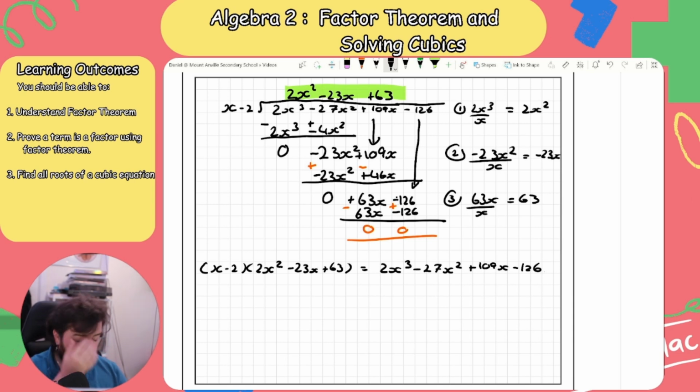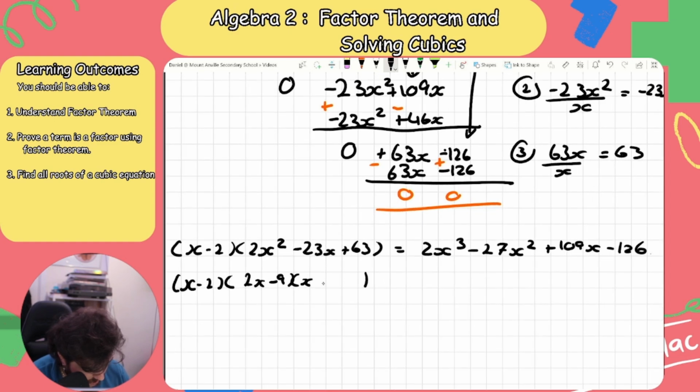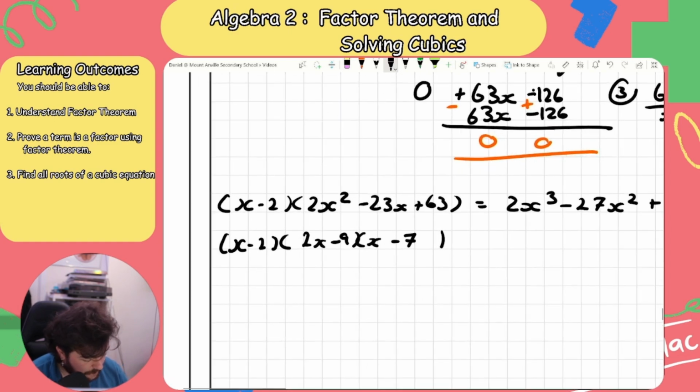So I have now fully factorized my cubic equation. So let me just factorize it fully. So x minus 2 times this is going to be equal to 2x, x, 63, 7 and 9. Yes, so that's going to be minus 9 here, minus 7 here.